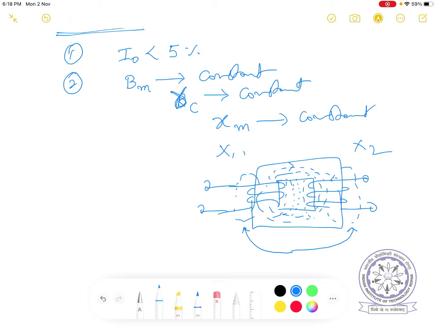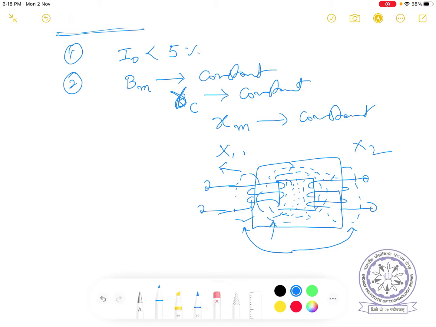Because most of the flux path is in air, and only a small portion is in the core, it is almost nearly constant. However, if saturation of the flux density inside occurs, then it reduces the permeability of this iron portion.